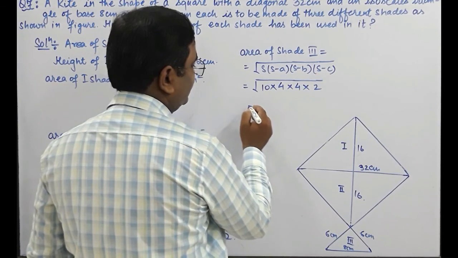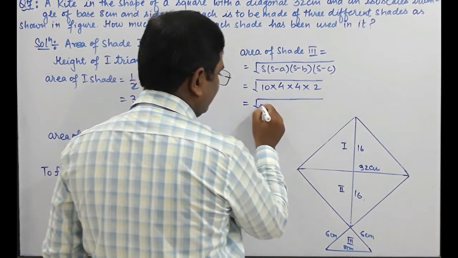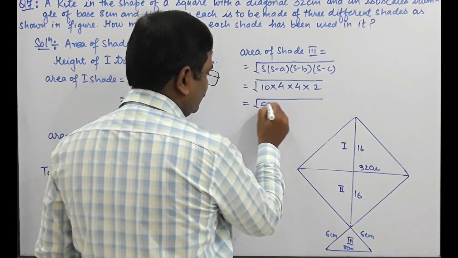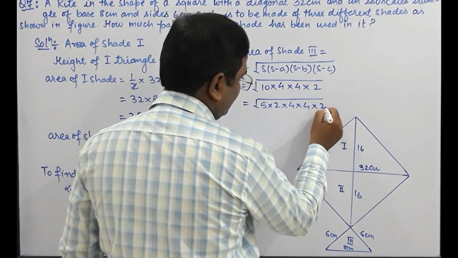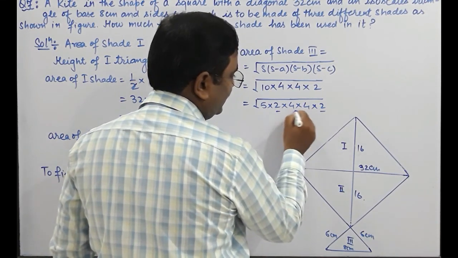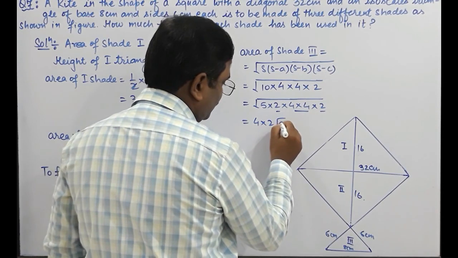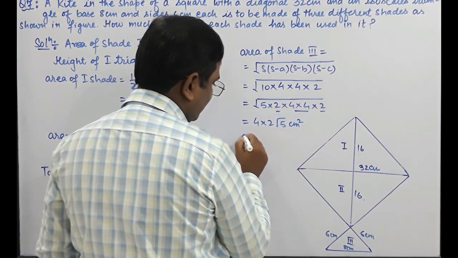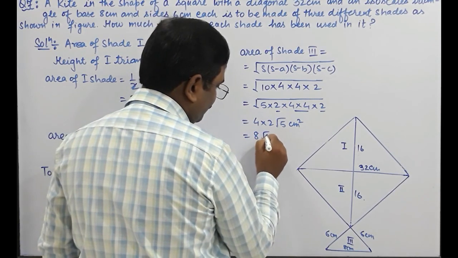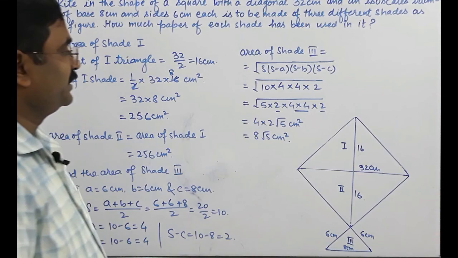Now find the square root of it. Let us factorize: 5 2s are 10, 4 into 4 into 2. So this 2 we are having a pair and this 4 we are having a pair. So 4 multiplied by 2 under root 5 centimeter square. So 4 2s are 8 root 5 centimeter square is the area of the third side.